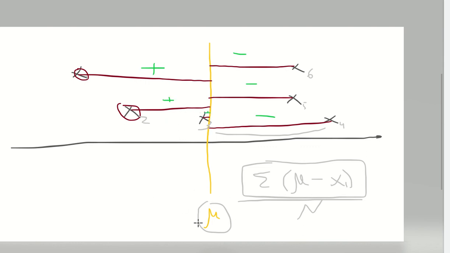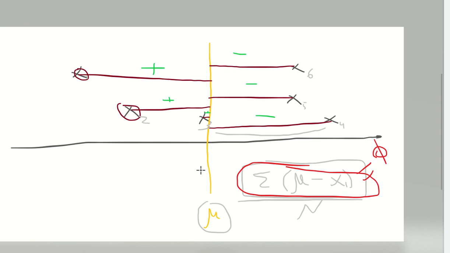And by definition, the mean is the point that averages out these distances. And therefore, if you were to sum up these distances, automatically you're going to get a zero. You get a zero. Okay?